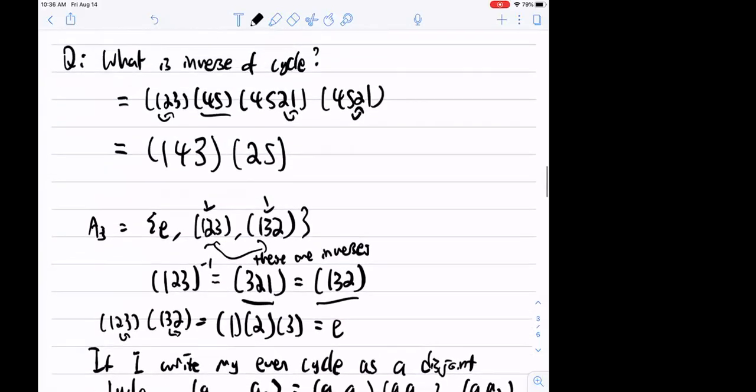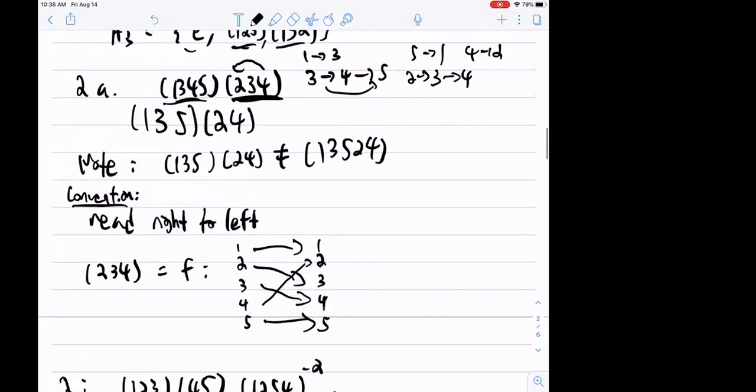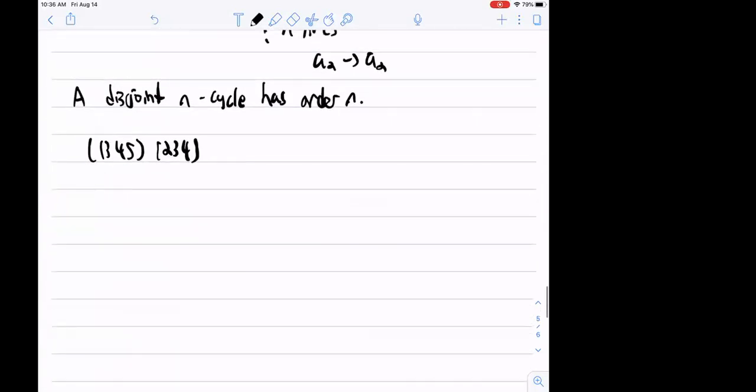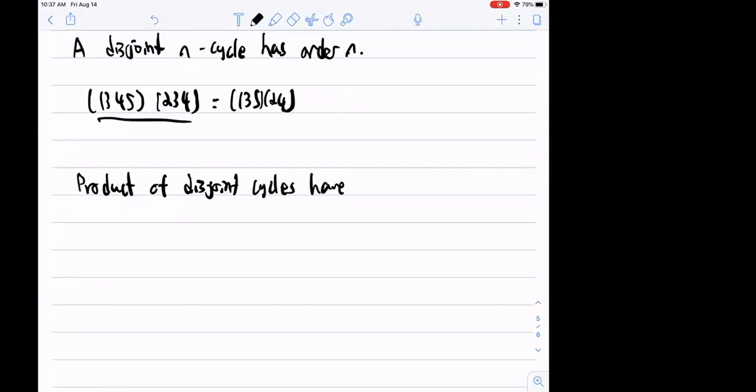And then this, what was it? That was equal to (1 3 5)(2 4), right? So you see from here, about the order: the product of disjoint cycles has order the LCM of the lengths.